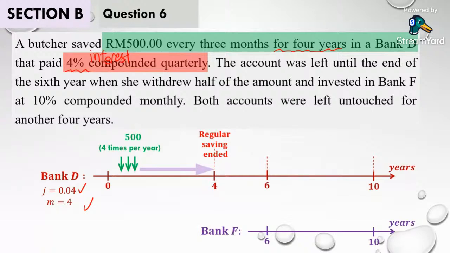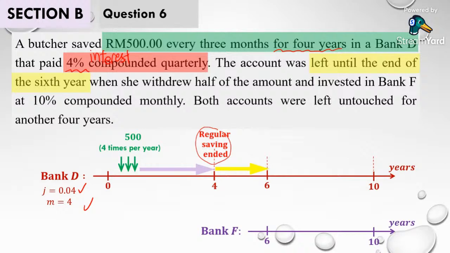Continue the story, the next sentence. The account was left until the end of the 6th year. So just read until this highlighted part here. What it's trying to tell is that the amount accumulated from the regular payments previously is left in the account to grow interest.